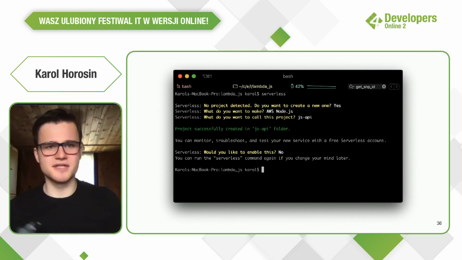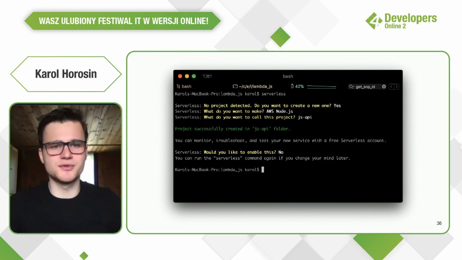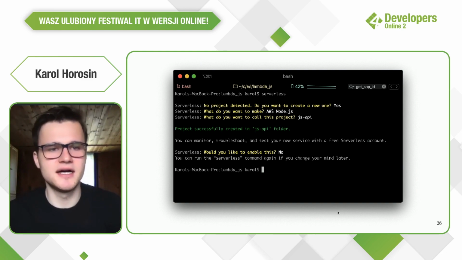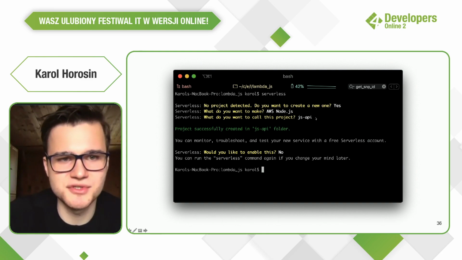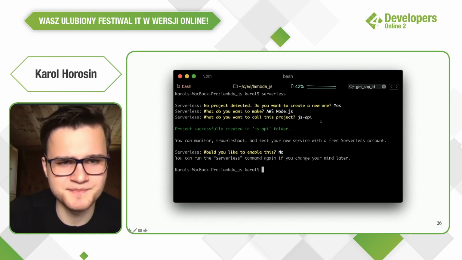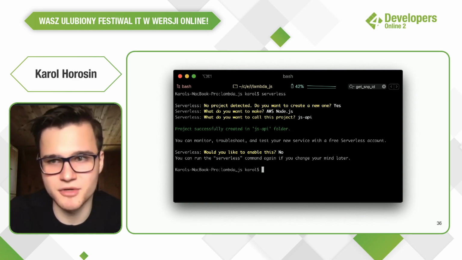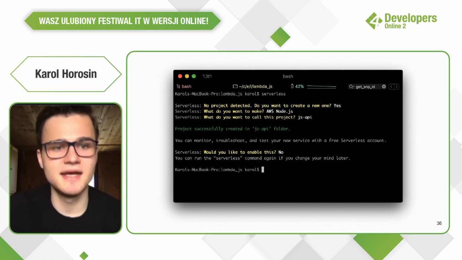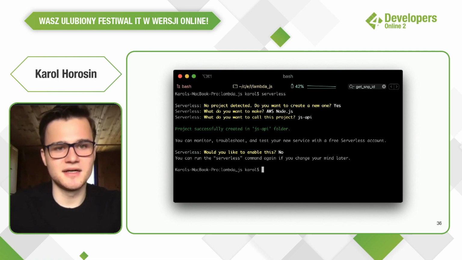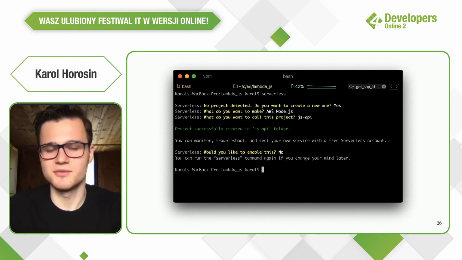If you type in serverless, you can create a new project. And then you choose what language you use. We use AWS Node.js. Then we name the project. I call it JS API. And then serverless asks you whether to use their monitoring. We say no, but if you use that in a production environment, it might be useful to consider that.